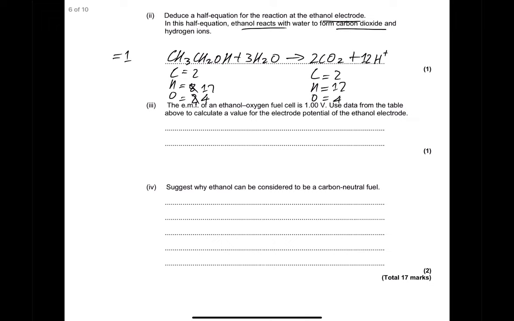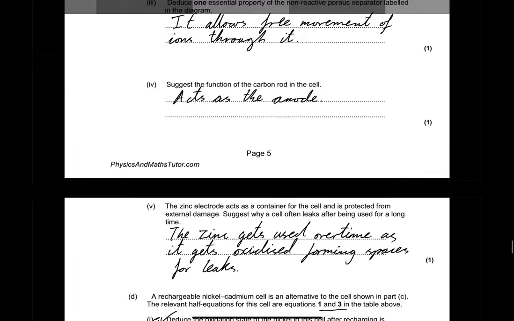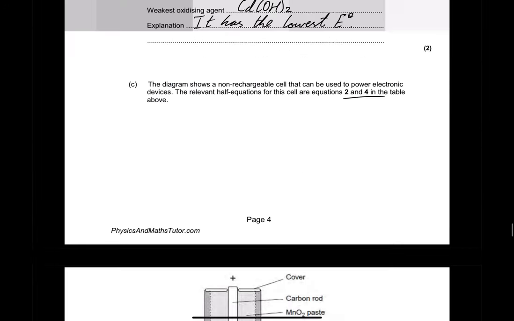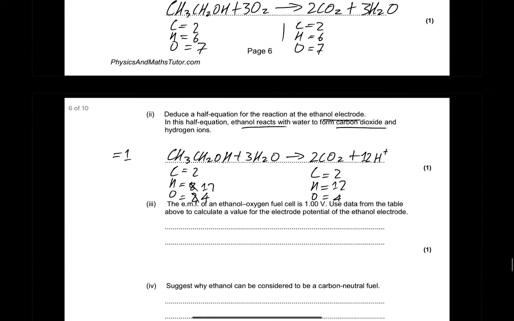Water's being split, so I can see that's being oxidized. So ethanol's being reduced, so it's 1.23. So I think ethanol's being oxidized. So 1.23 minus x equals 1.